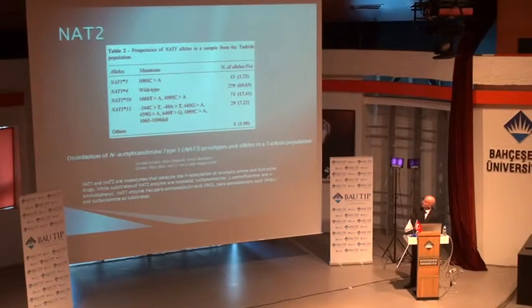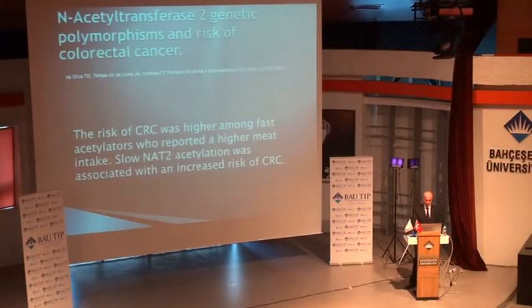In the NAT2 there are 4 different subtypes. It's a nice study from the Turkish population, distribution of NAT genotypes in the Turkish population. You see here, the wild type is the most common one, but there are a lot of others as well, as you can see.